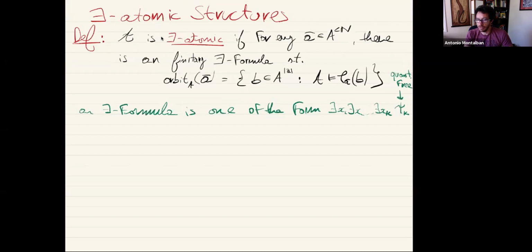So that's an existential formula, a very simple formula. So this is kind of every isomorphism orbit is E definable.